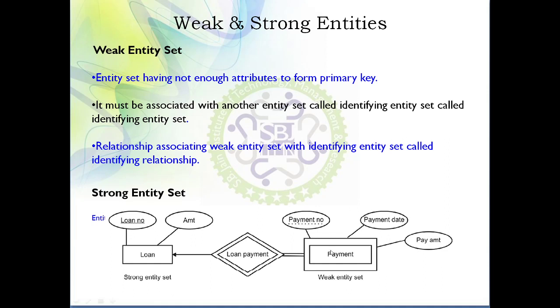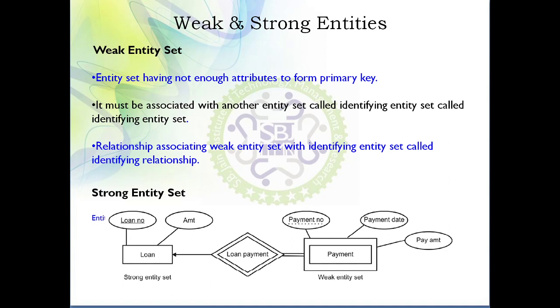So in that case, how is the primary key formed? The primary key is formed with the combination of these two attributes, loan number with payment number. See, a primary key can be formed with more than one attribute also. In this case, for the payment table, the primary key is a combination of loan number and payment number.